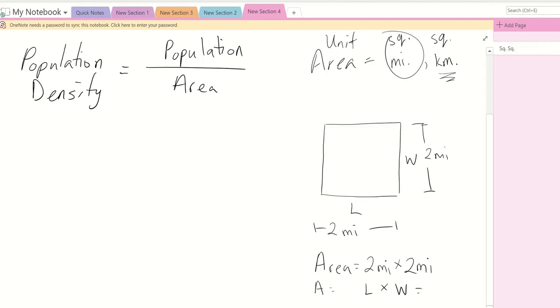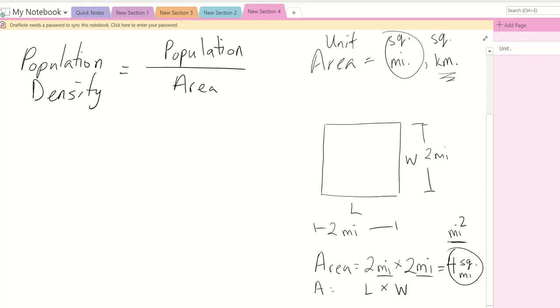That gives you 4 square miles, because you have mile squared, and instead of saying mile squared, we say square miles. So that's what the area would be.